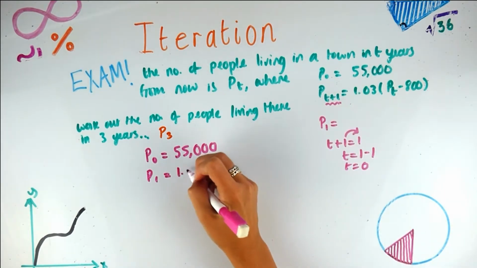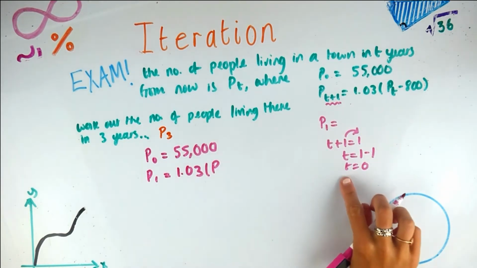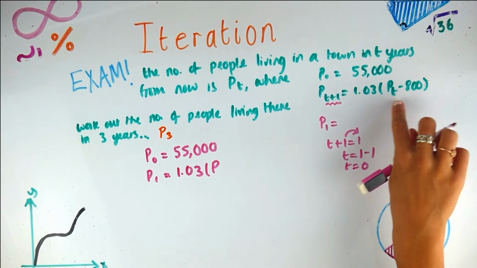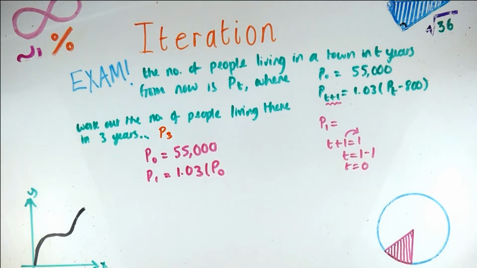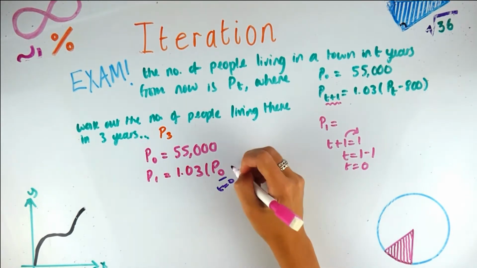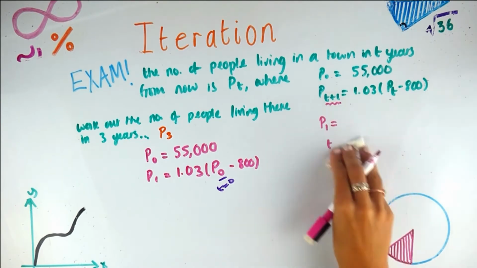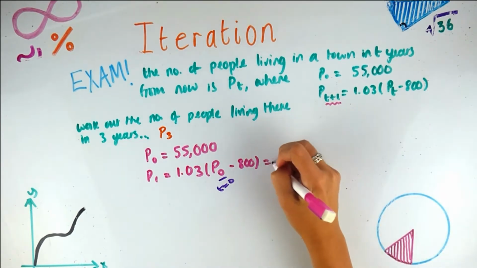So using our formula, 1.03 brackets P_t, we know t should be 0, so we substitute t is 0, minus 800. Okay, and we know what P_0 is because we've been given it.